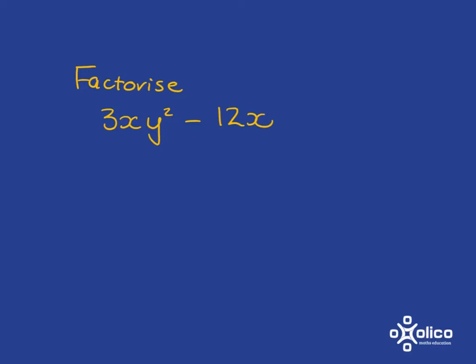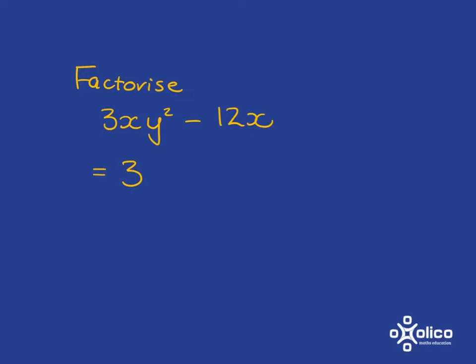do when you're checking for factorising is to see if there is a common factor that you can take out. So remember, that's what we started with in factorising, just taking out a common factor. So if we have a look over here, is there something that can divide into 3 and also into 12? Well, yes, there is. 3 can. And then, is there something that can divide into x and x?